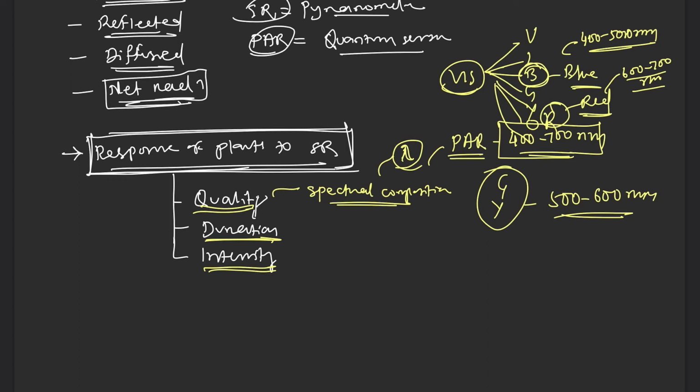Then based on duration, we have long day plant, short day plant and day neutral plant. What do you understand by long day, short day and day neutral plant?